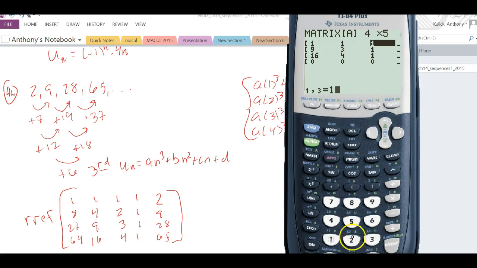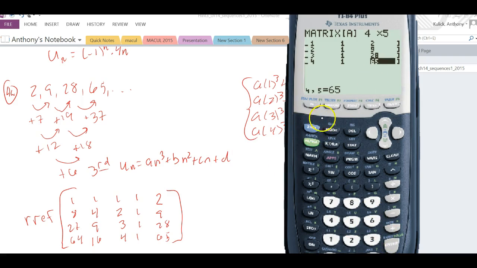The first row I have four 1s and then a 2, then I have 8, 4, 2, 1, 9, and then the next row I have 27, 9, 3, 1, 28, and my last row I have 64, 16, 4, 1, and 65.